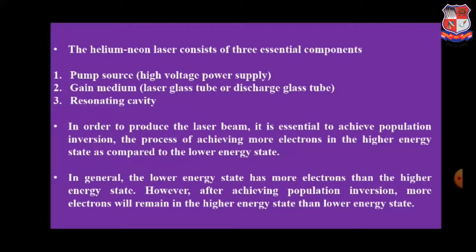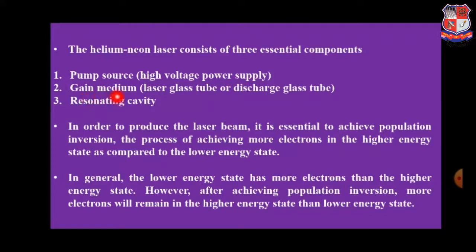Now we will see the construction part in detail. So the helium neon laser consists of three essential components. Number one is the pump source, which is our high voltage power supply, and in the introduction or principle section we also clarified that instead of optical pumping, we have used electrical pumping, and that's why we have used the high voltage power supply.